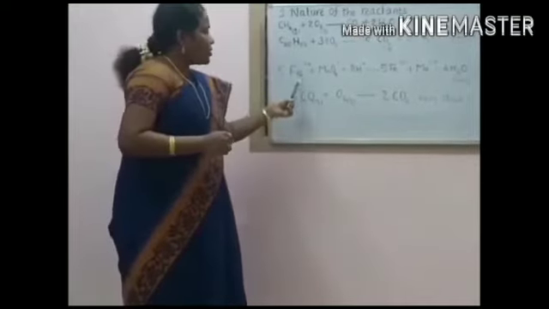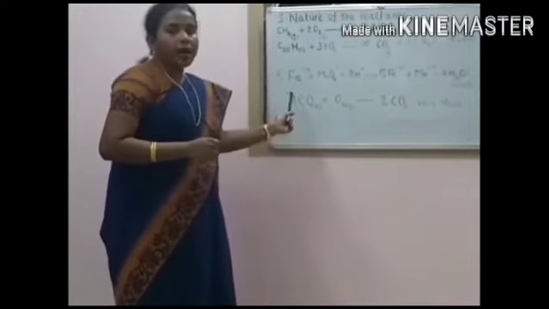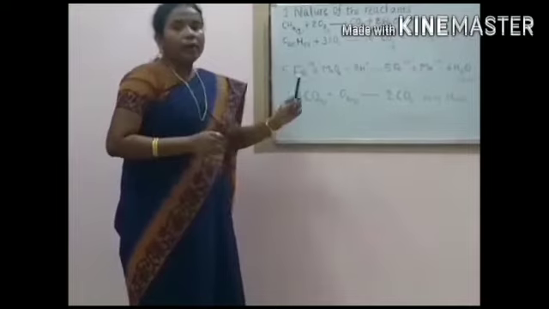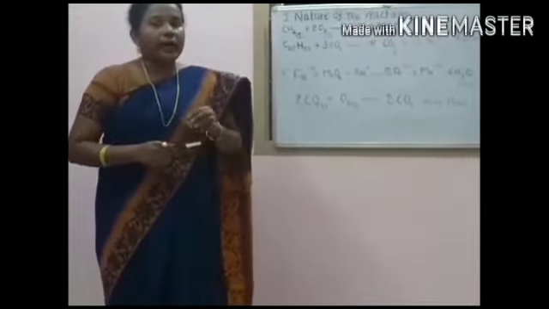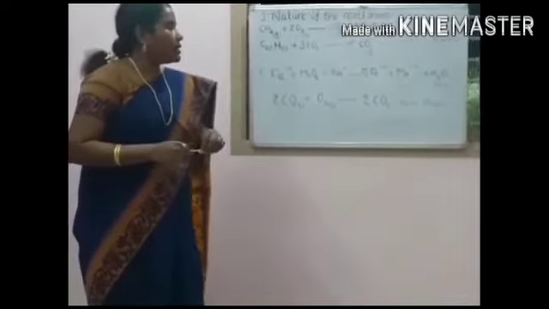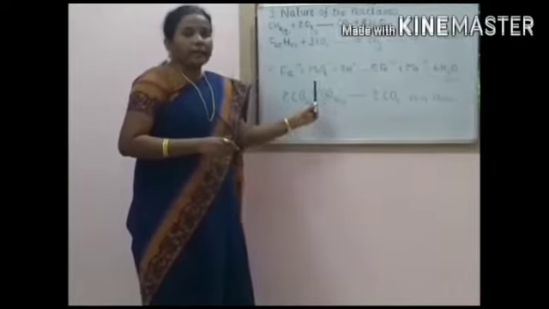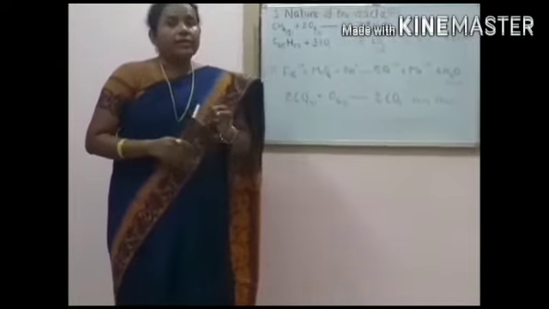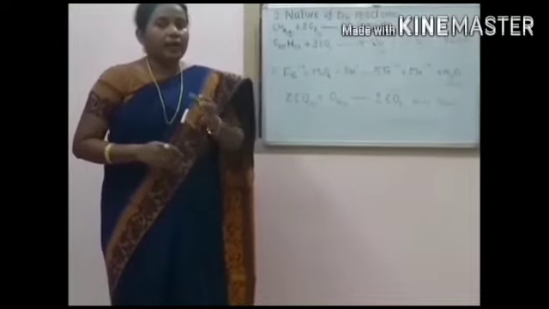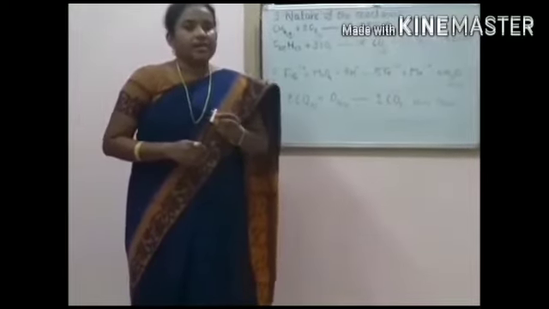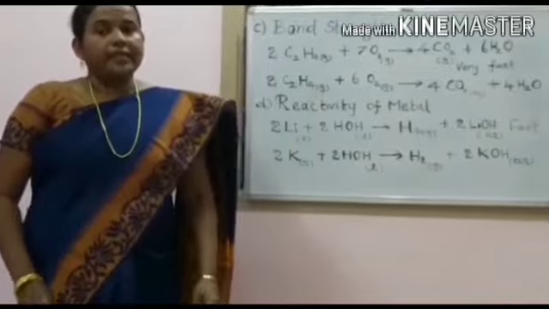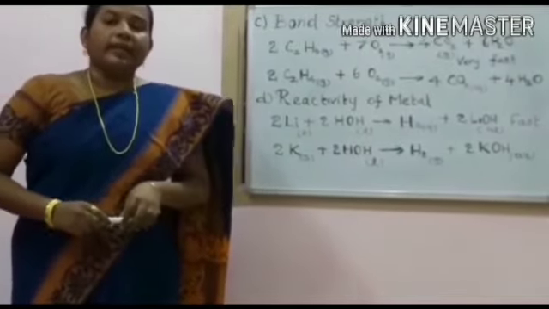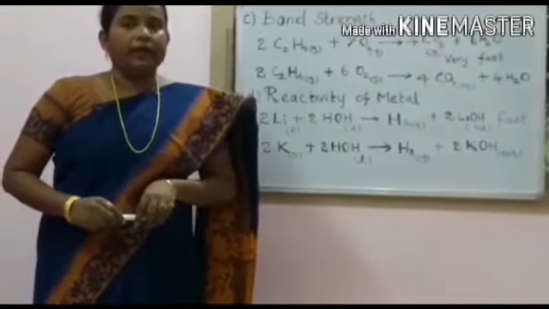Look at these reactions. The oxidation of ferrous ion by permanganate ion in acidic medium takes place faster than combustion of carbon monoxide, because ferrous ion is a simple ion, so the reaction is fast. We consider the combustion of ethane and ethylene.